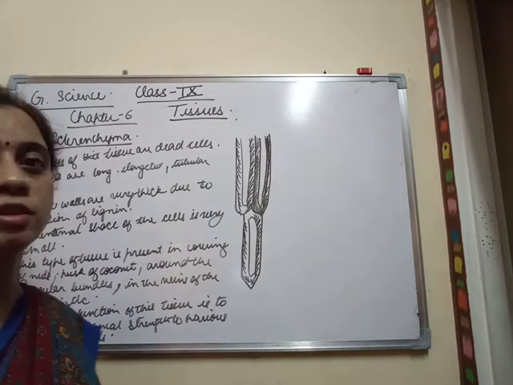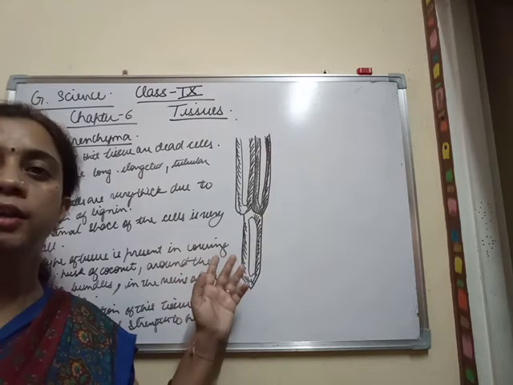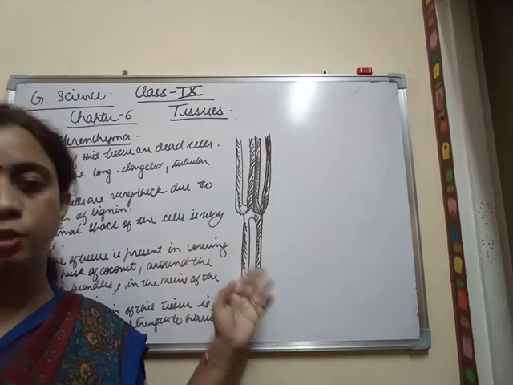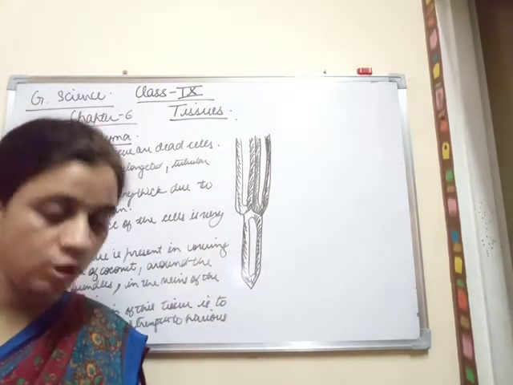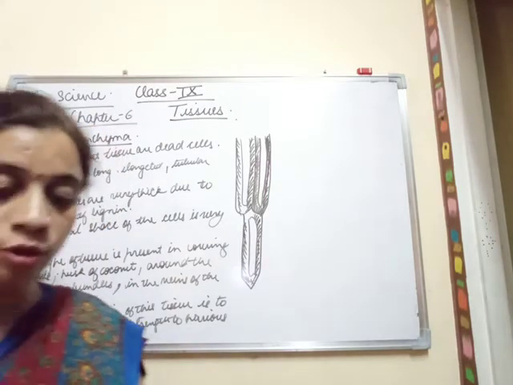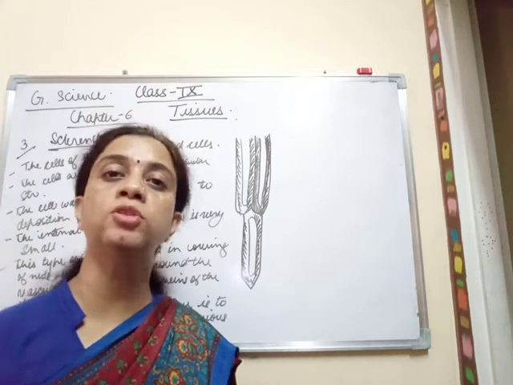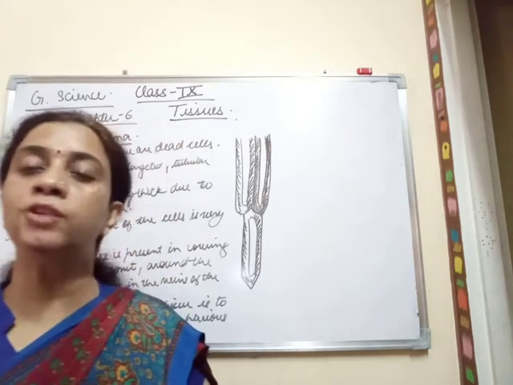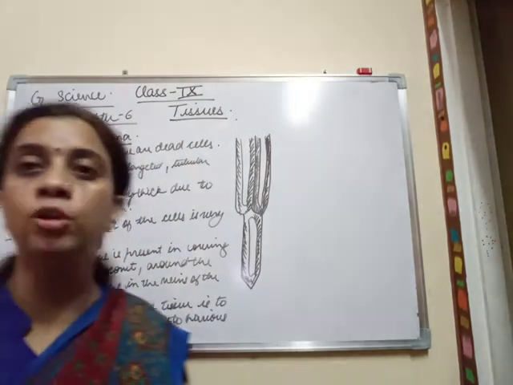So this is about the sclerenchymatous tissue, and we have completed the simple permanent tissue. Now we are going to talk about the complex permanent tissue in detail. Before continuing with that, we are also going to talk about the general structure of a particular leaf or a particular part of the plant, whether it is a stem or a root.